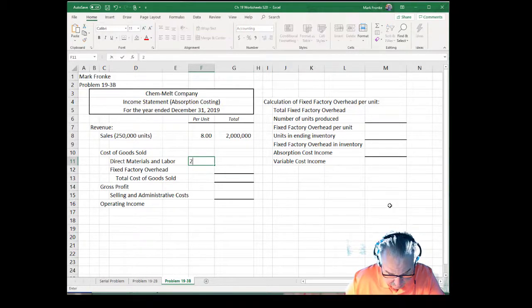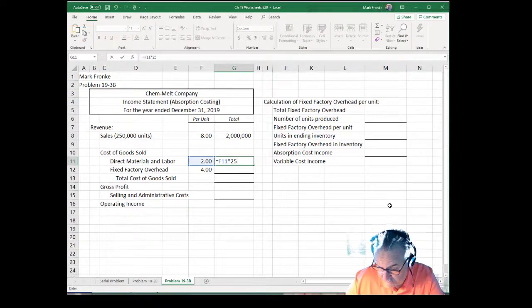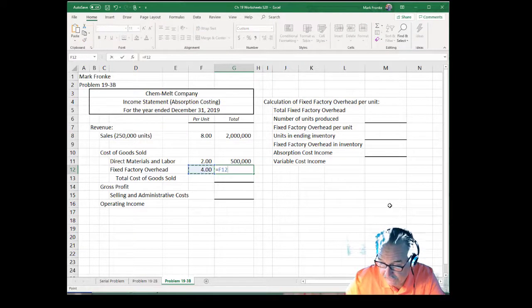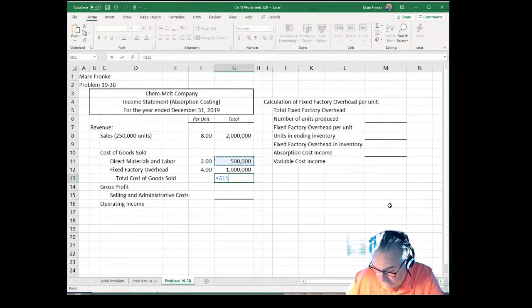Our direct materials and labor is $2. Our fixed factory overhead, all the overhead in this case is fixed, times 250,000 is going to be 500,000 in direct materials and labor, $1 million in factory overhead.